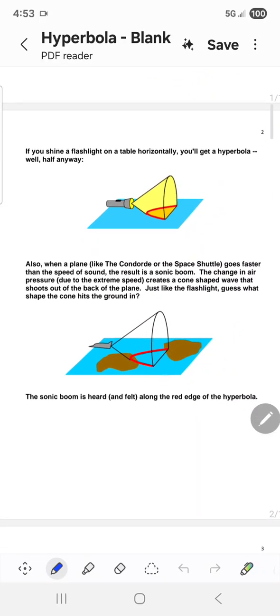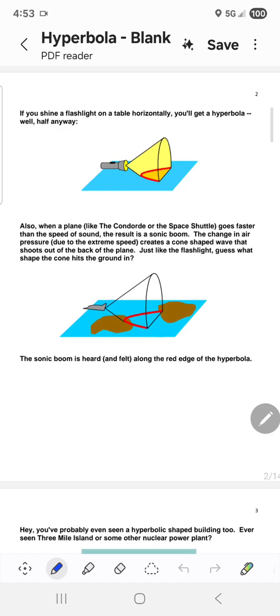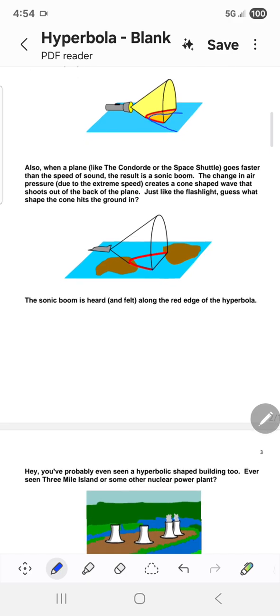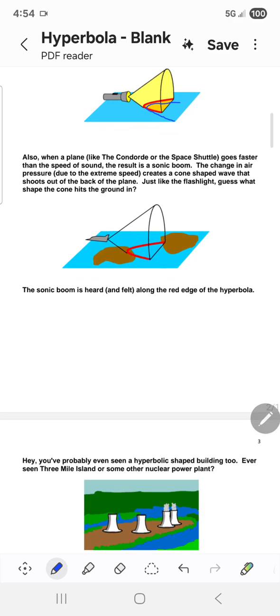How do these things happen in everyday life? If you take a flashlight and just lay it on a table, the light will actually hit the table in that hyperbolic shape. When a plane flies faster than the speed of sound, you can hear a sonic boom, but you can only hear it on the edge of that hyperbolic shape along the earth.